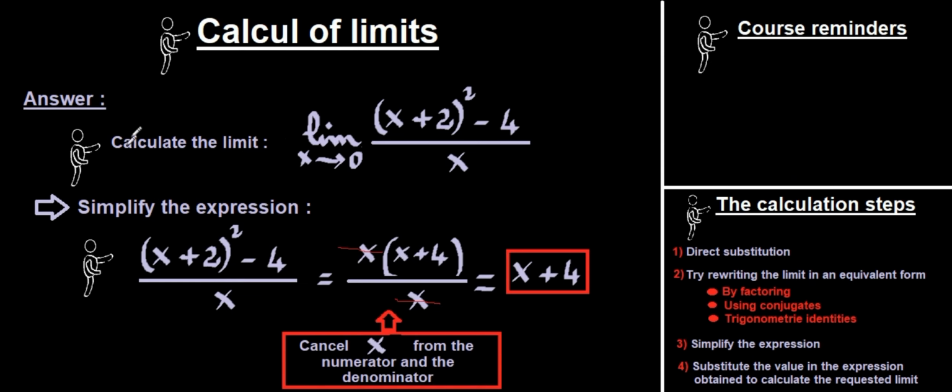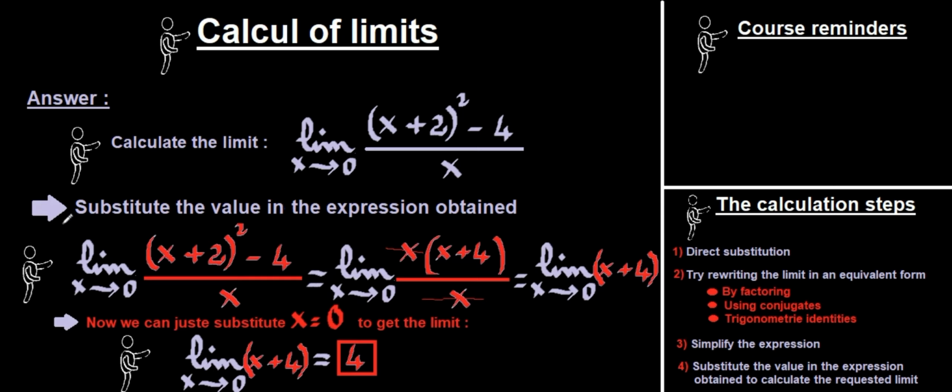Step number 3. Simplify the expression by cancelling x from the numerator and the denominator, and the expression x times x plus 4 divided by x becomes x plus 4. Step number 4. Substitute the value in the expression obtained. The limit as x approaches 0 of the expression x plus 2 squared minus 4 divided by x becomes the limit as x approaches 0 of the expression x plus 4.